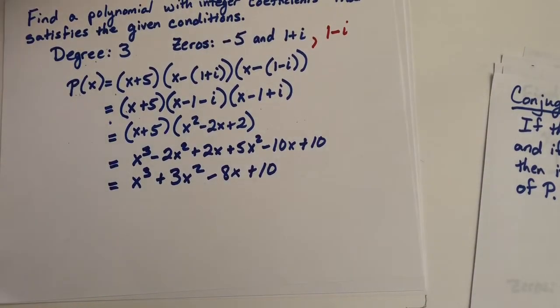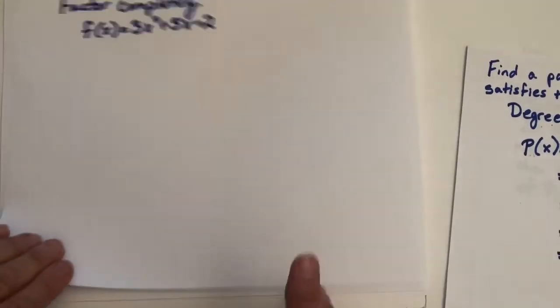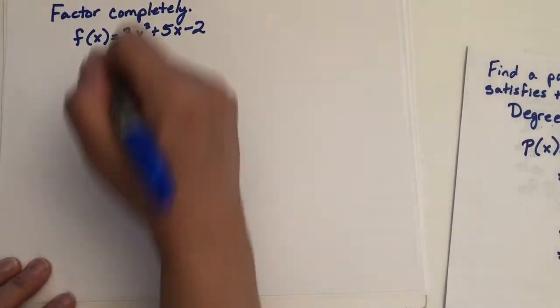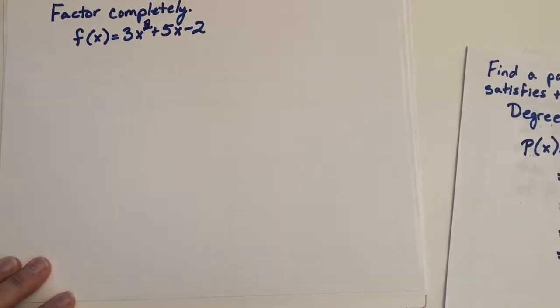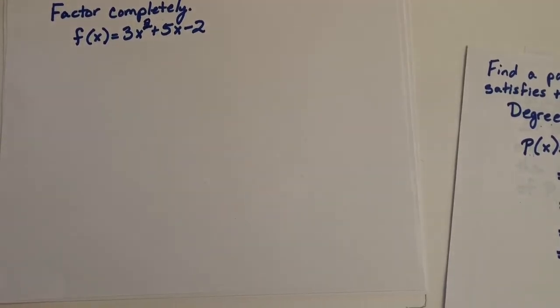I want to do one last problem with you. And it's this one. It's to factor this polynomial, 3x squared plus 5x minus 2. Now this is a fairly straightforward one if you notice that it factors over the integers.